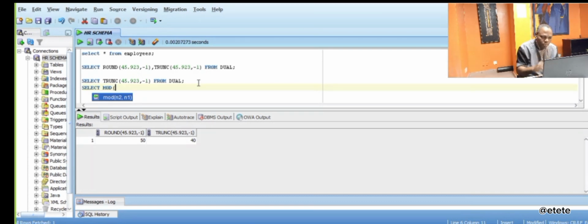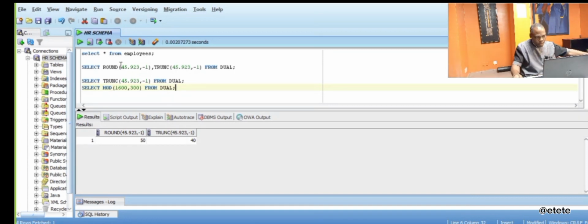So I am going to open my parentheses. Then in that, what we saw then was 1600 by 300, right? So 1600, then comma 300, and we'll close the parentheses. So select this from dual, and then I close.